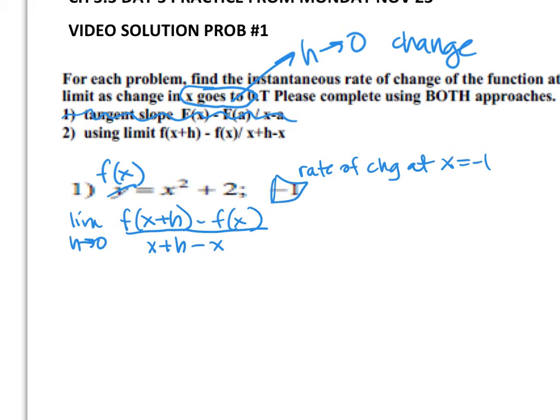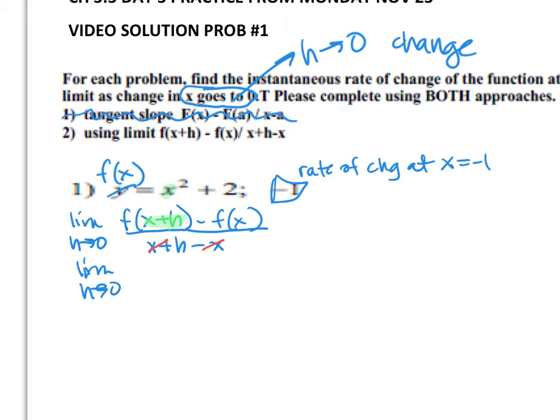So right away we can see that the x and the -x go to 0. As we write our limit notation, I am substituting this x plus h where we see an x in the original function.